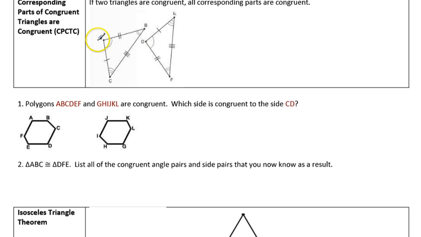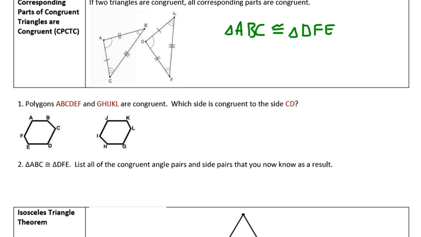If you say that triangle ABC, I'm going to write this out here, triangle ABC is congruent to, equal sign with a little squiggly above it, is congruent to triangle DFE, and I'll explain why I picked that particular order, DFE, then all of the corresponding parts are also going to be congruent.